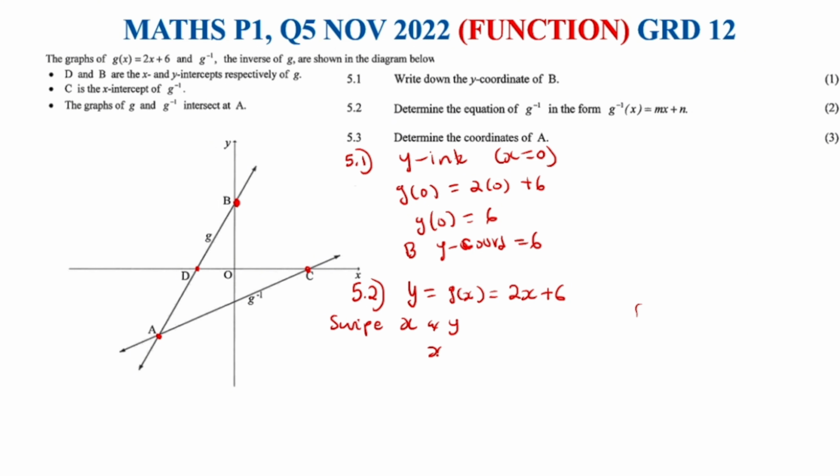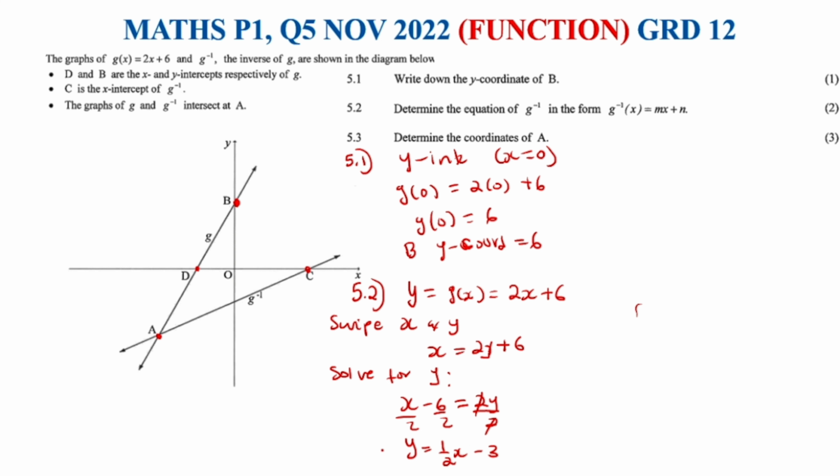You swap x and y, so it's going to be x is equal to 2y plus 6. After swapping them, you need to solve for y. In other words, you must make y the subject of the formula. Here we go. X, you take 6 to that side, you're going to have x minus 6 is equal to 2y. You divide everything by 2. Well, 2 and 2 would cancel out, therefore y would be equal to 1 over 2x minus 3.